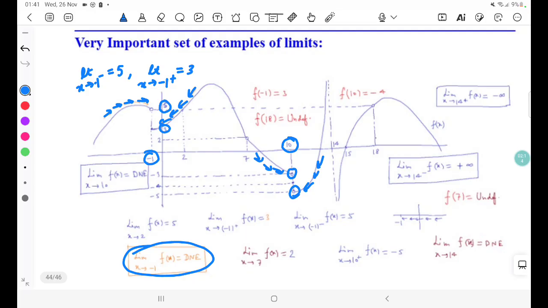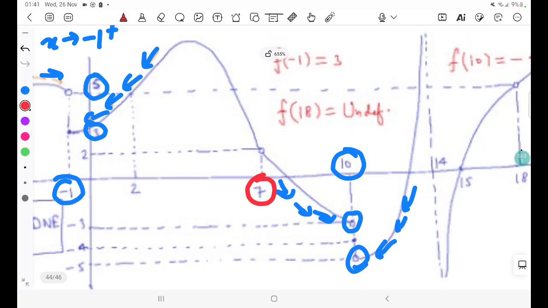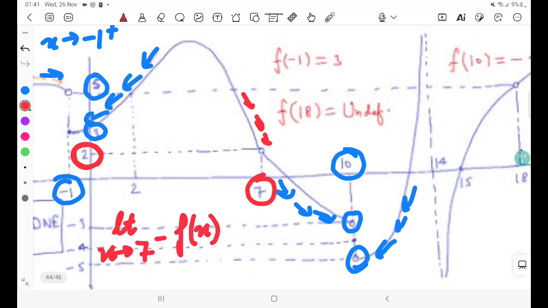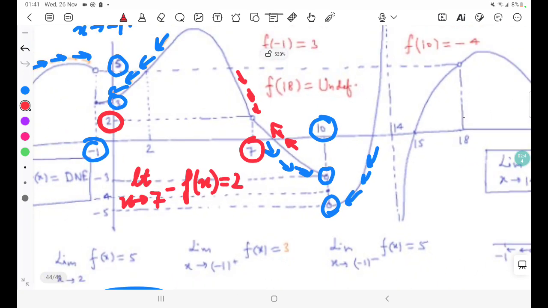Now next, let's move on to the point x = 7. Here, as x approaches 7 from the left hand side, the graph f(x) approaches y = 2. That is, the limit as x approaches 7 from the left hand side of f(x) is 2. And from the right hand side also, the graph approaches 2.